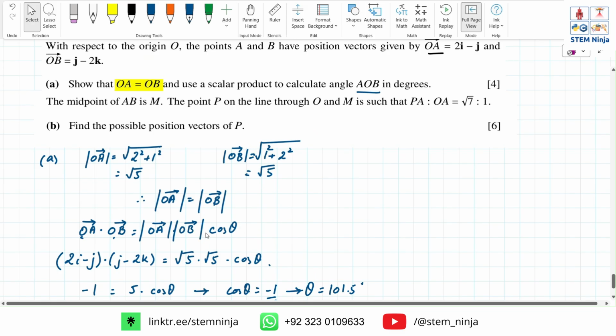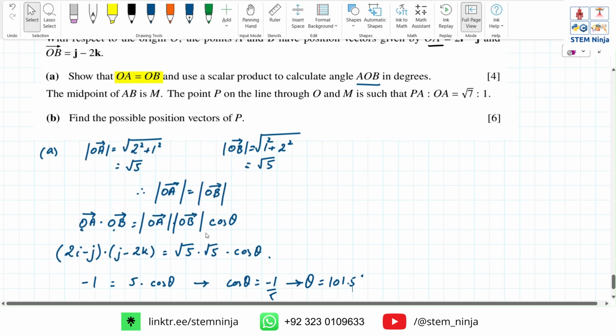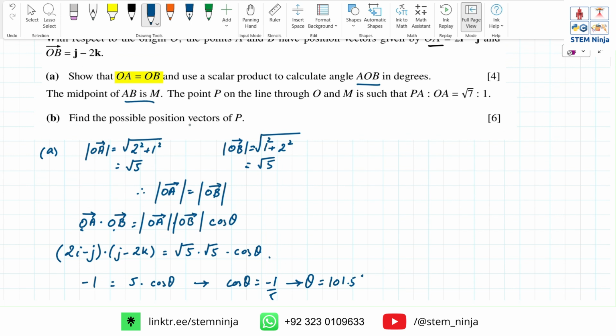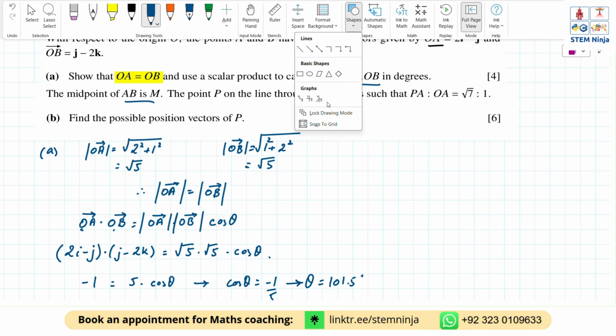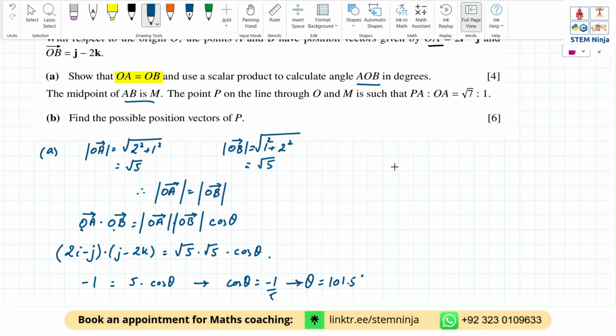Okay, now midpoint of AB is M. Point P on the line through O and M is such that PA is equal to OA. So let's make a little bit of diagram for all of this. It helps with the visualization part. So for example, AB is this thing.